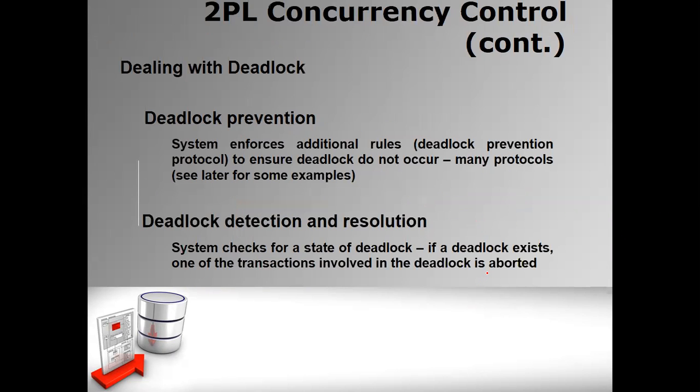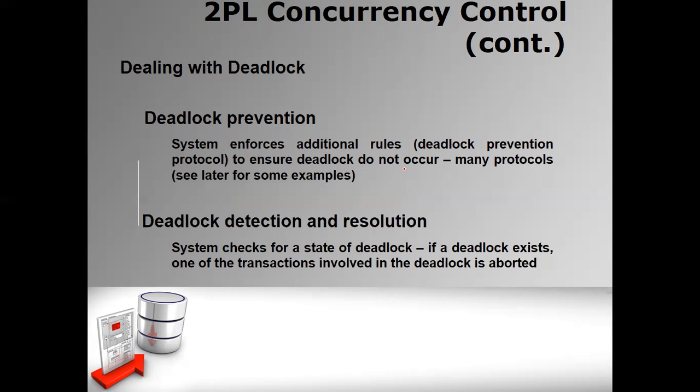So when the deadlock situation is there, when we are processing the transaction, there are two methods, deadlock prevention and deadlock detection and resolution. In deadlock prevention, the system enforces additional rules to ensure the deadlock does not occur. So prevention means before the deadlock occurs in the system, some rules are implemented.